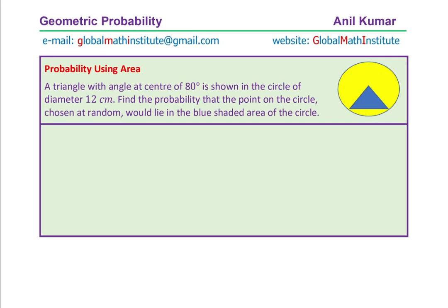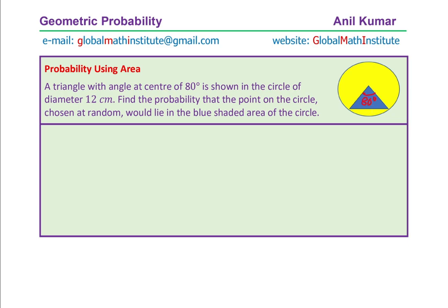The next question is: a triangle with an angle at the center of 80 degrees is shown in a circle of diameter 12 centimeters. Find the probability that a point on the circle chosen at random would lie in the blue shaded region of the circle. You have to find the area of this triangle where this angle is given to you as 80 degrees.